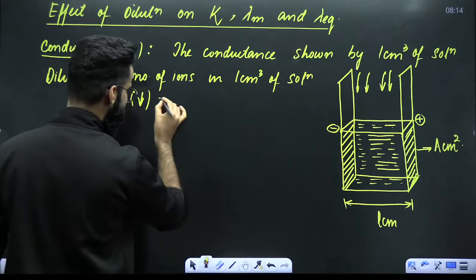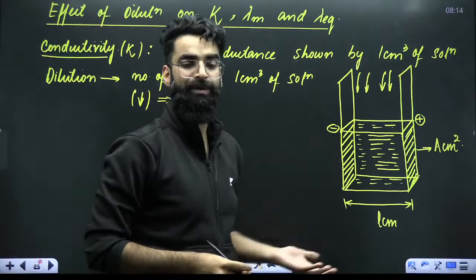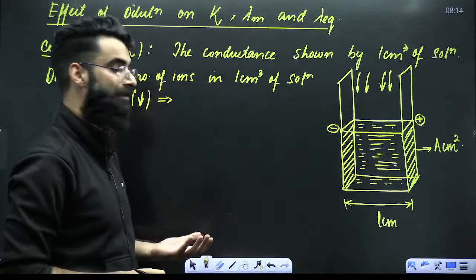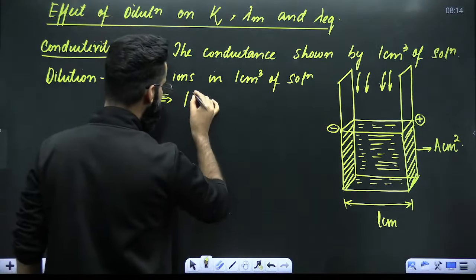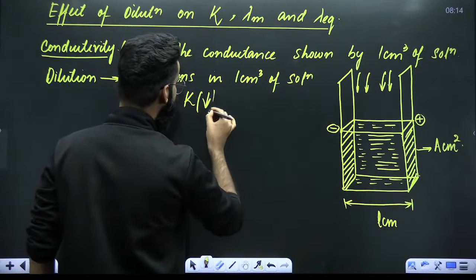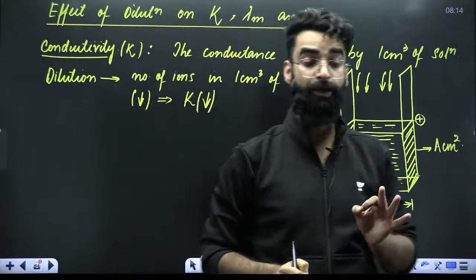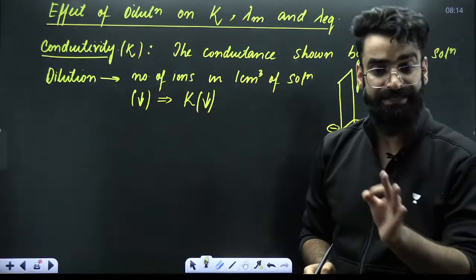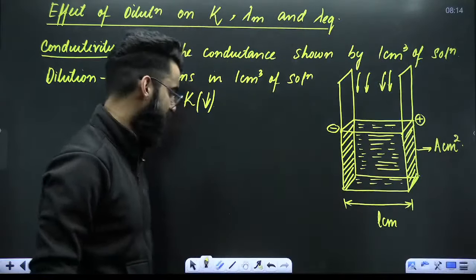And my dear students, if the number of ions in 1 centimeter cube of solution decreases, what will happen to conductivity? Conductivity automatically will decrease. So do remember, conductivity of the electrolytic solution decreases with dilution. Is this point clear to everyone? This was our first point.